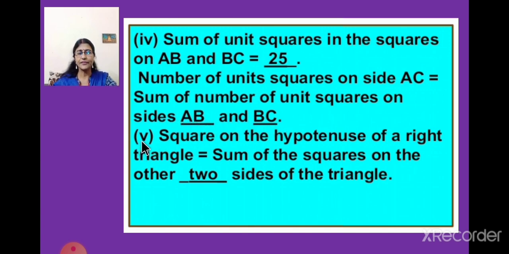And then fifth one, square on the hypotenuse of a right triangle is equal to the sum of the squares on the other 2 sides of the triangle, which we have verified in the activity. So you will just write here 2 and fill in. This is the way you are going to write down in your notebook. Exactly like this you will write in your MATLAB notebook.